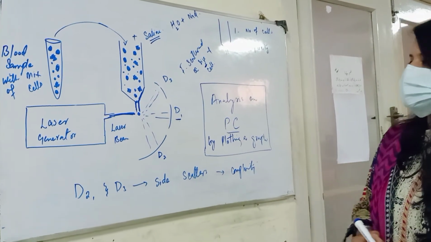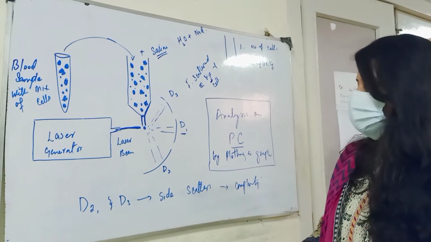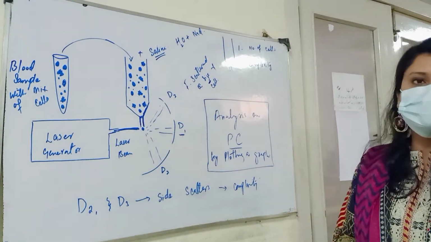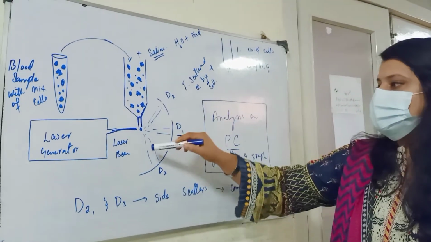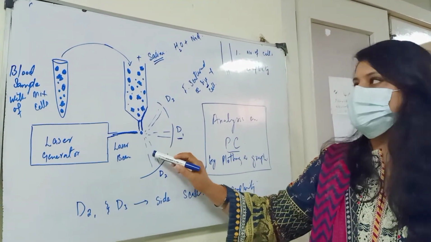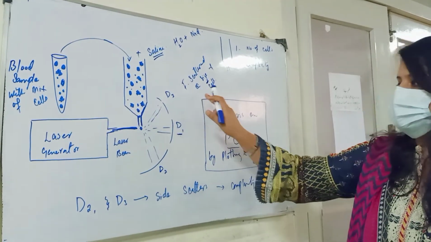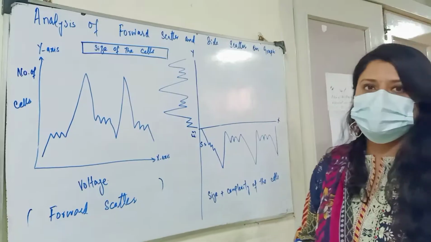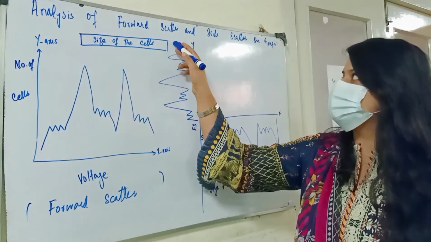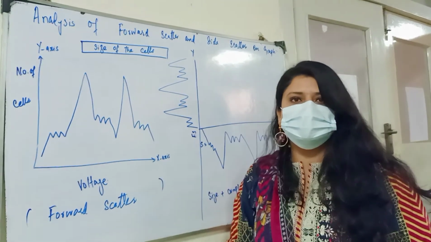So whenever the laser beam strikes D2 and D3, it tells us that the shape of the cell was complex. So we have come to know that the number of cells is given by direct hits of the laser beam, the forward scatter tells us about the size of the cell, and the side scatter tells us about the complexity of the cells. Finally, we do the analysis of the forward scatter and the side scatter in order to determine the number and the complexity of the cells.